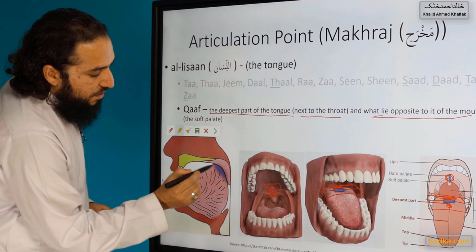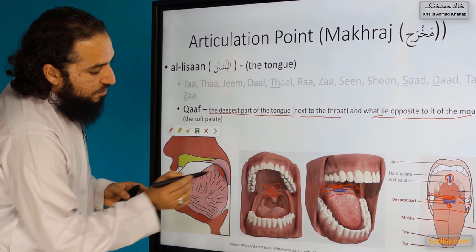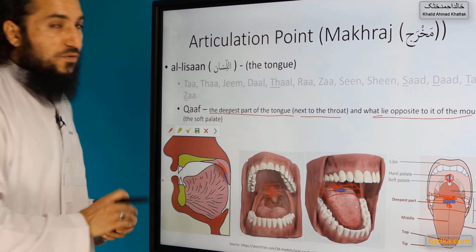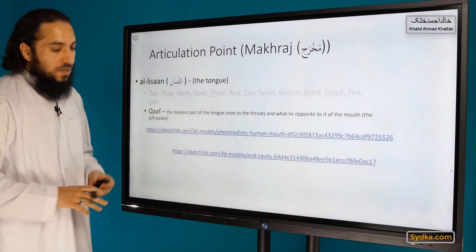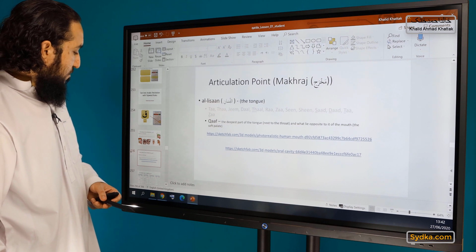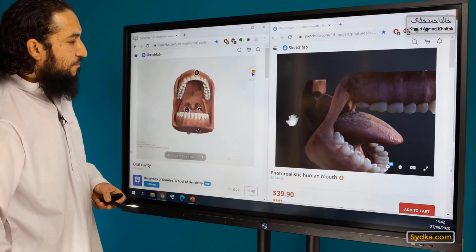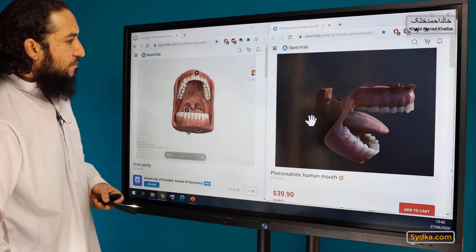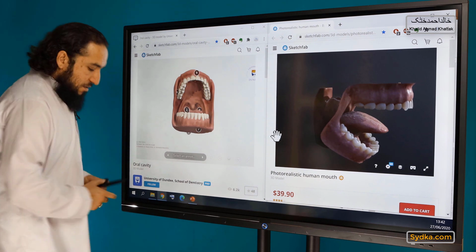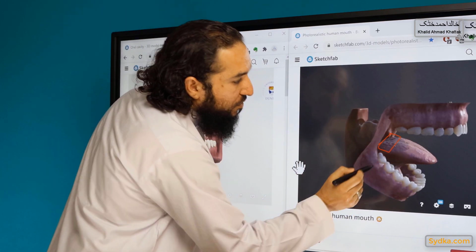Similarly, in this diagram you see that's the deepest part of the tongue, and what is opposite to it is the soft palate of the roof of the mouth. Let me explain that with the 3D model. In the 3D model, you can see this is the deepest part of the tongue.